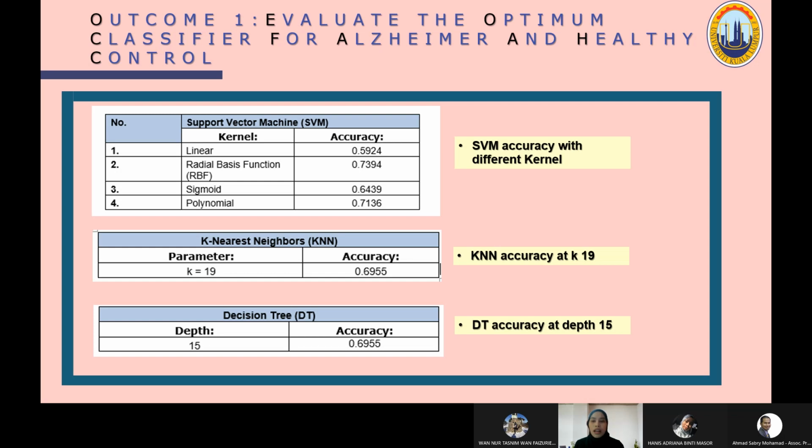The sigmoid accuracy is 0.9439 and the polynomial accuracy is 0.7136. These three kernels have a lower accuracy compared to RBF, which has a higher accuracy of around 0.7393, although KNN and decision tree produce an accuracy of 0.955. This is an unfortunate result.